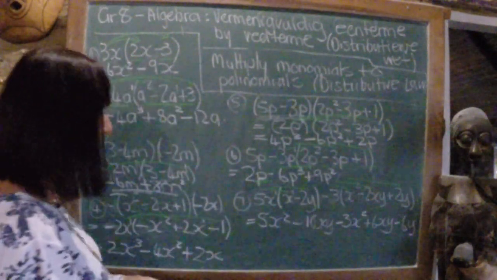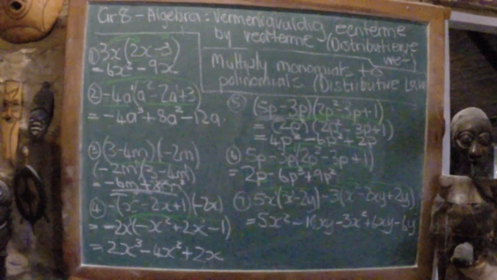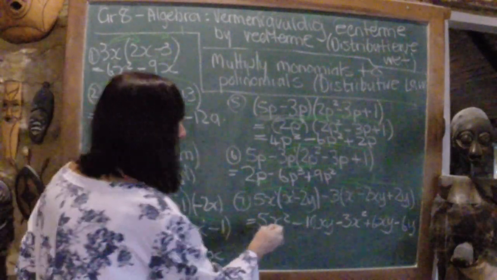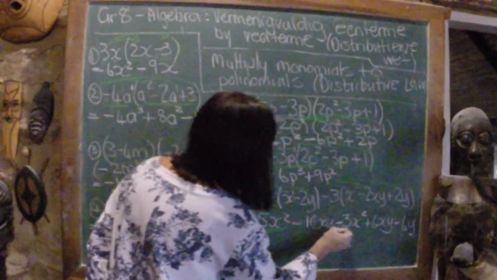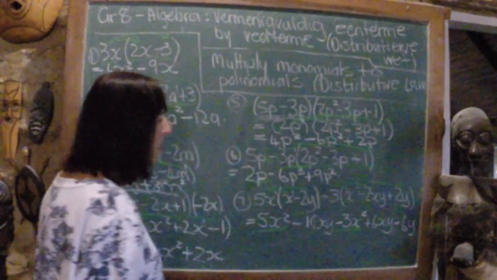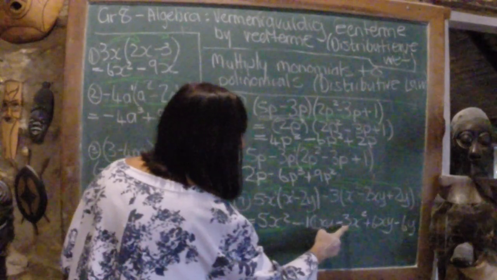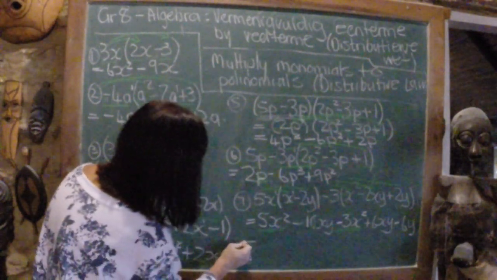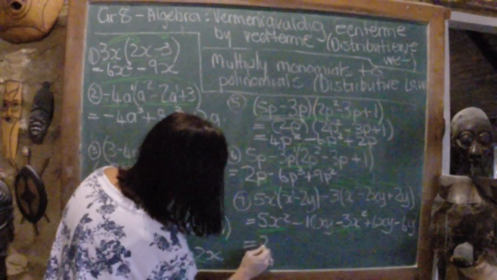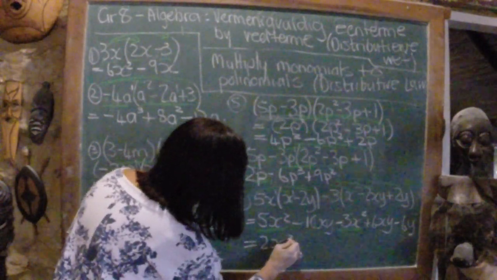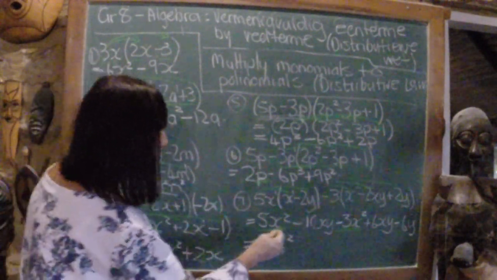Now we're quickly going to check whether there's like things that we can add. Kom ons kyk gou-gou. Is daar gelyksoortige terme wat ons kan bymekaar sit? Ja, daar is 5x kwadraat minus 3x kwadraat. So we can subtract, it's like, so it's 2x squared. Now let's check further.